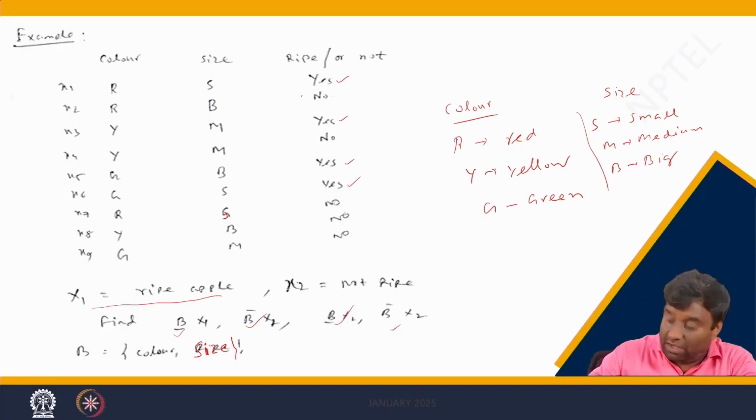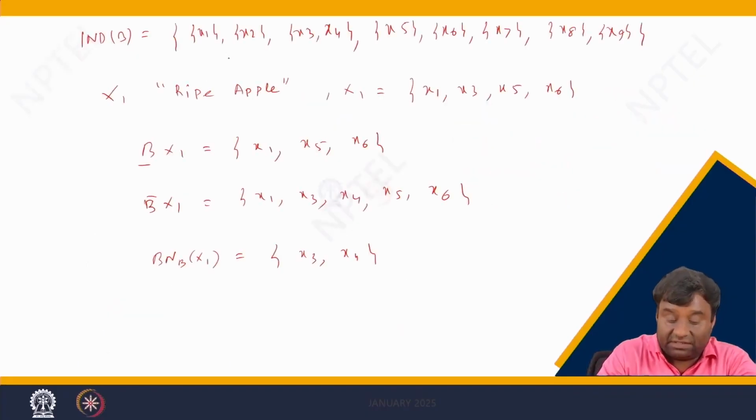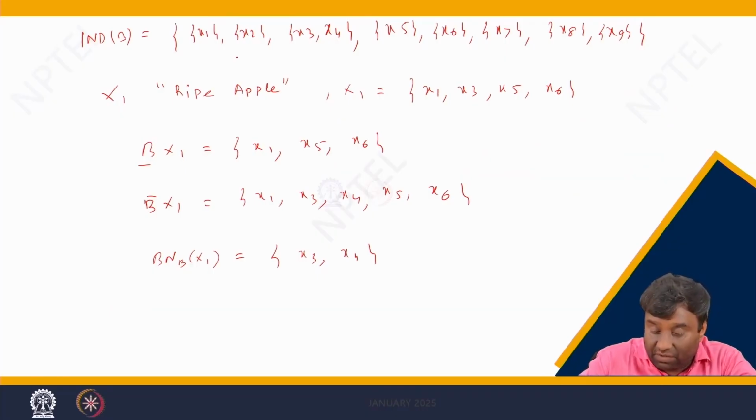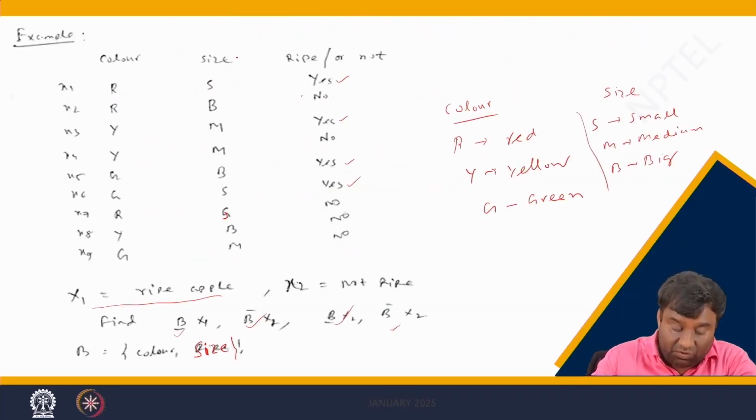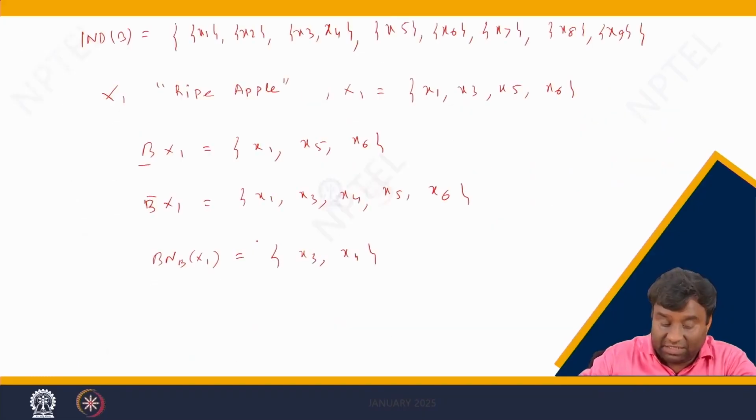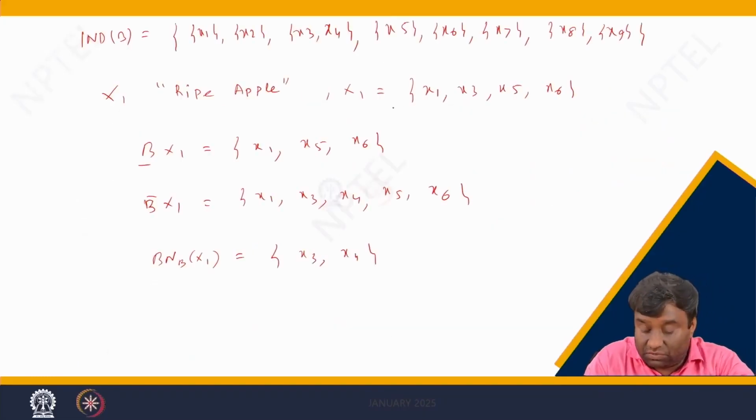Here these are the indiscernibility relations. All are different; only x3 and x4 are the same. The rest are all different. So these are the indiscernibility relations of B. The ripe apples, X1, are x1, x3, x5, x6.